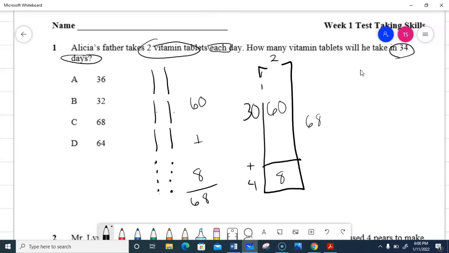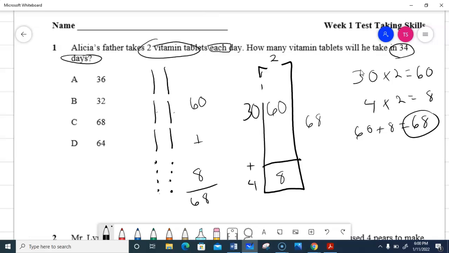If I was doing partial product, I could do 30 times 2, and that equals 60. Then I could do 4 times 2, that equals 8. If I add 60 plus 8, that equals 68. Circle all my answers here.